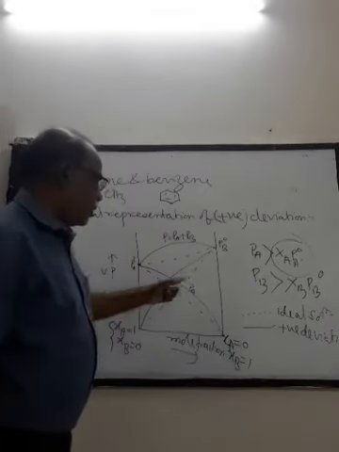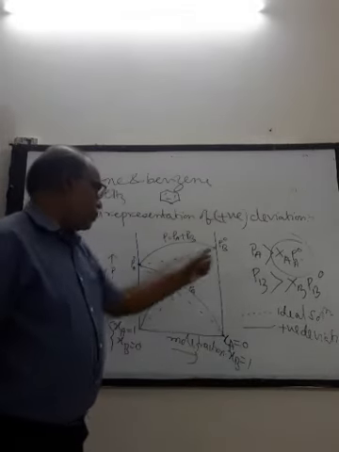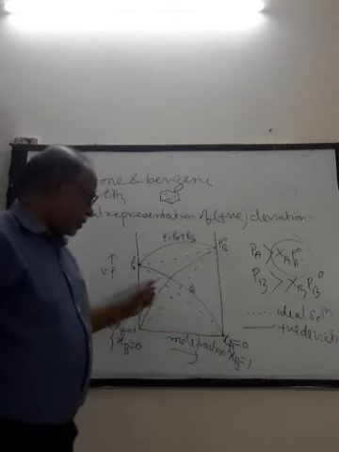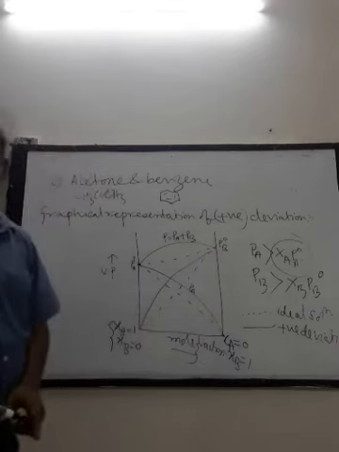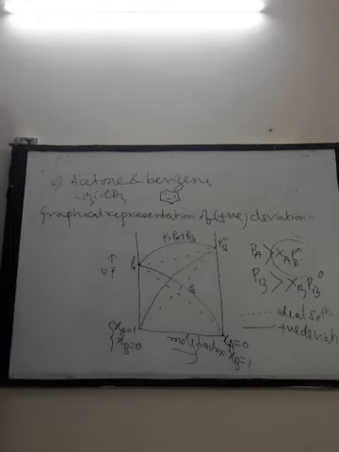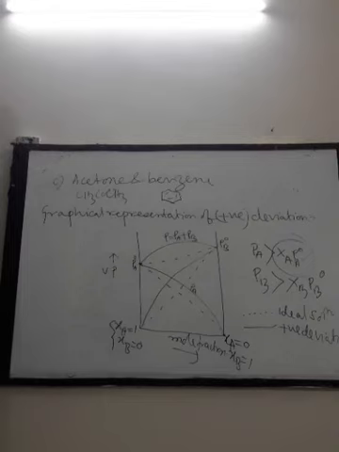So positive deviation is always higher than the value expected from Raoult's law. So this is the graphical representation of positive deviation. Dotted line represents ideal, bold line represents positive deviation.